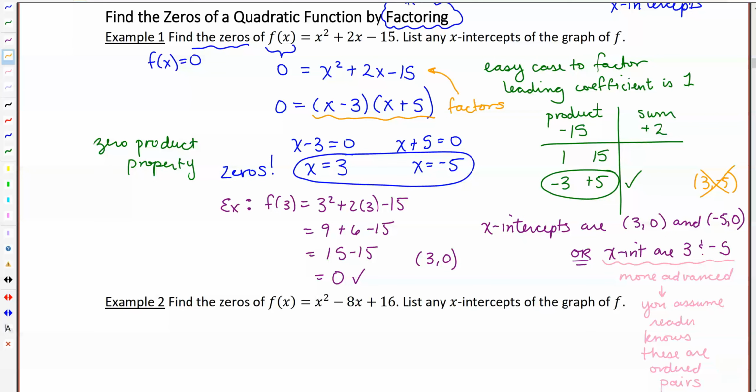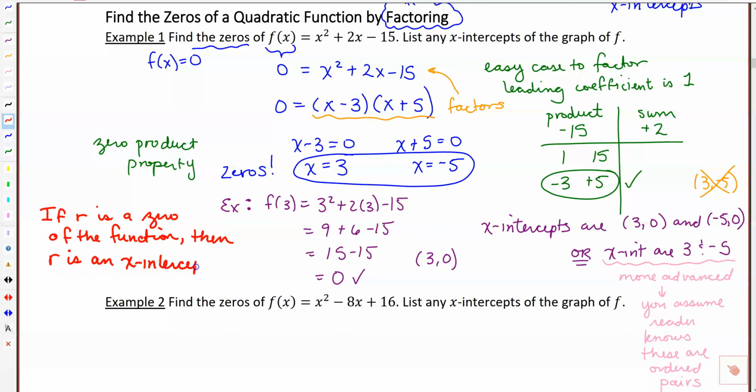So we're seeing kind of a cool little property come out of all of this. If R is a zero of the function, then R is an x-intercept of the graph of f.